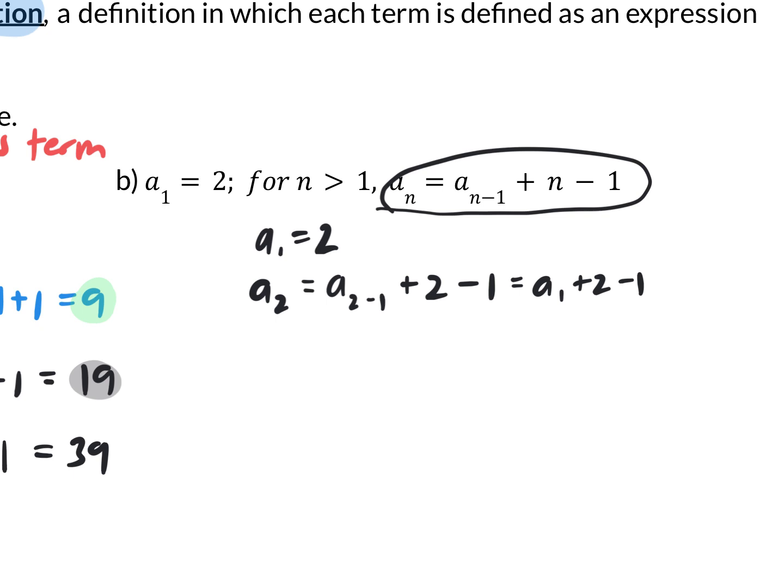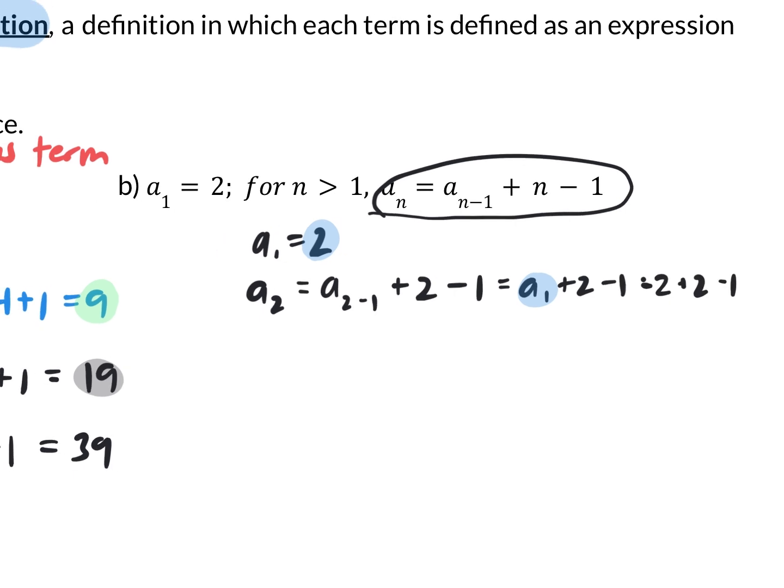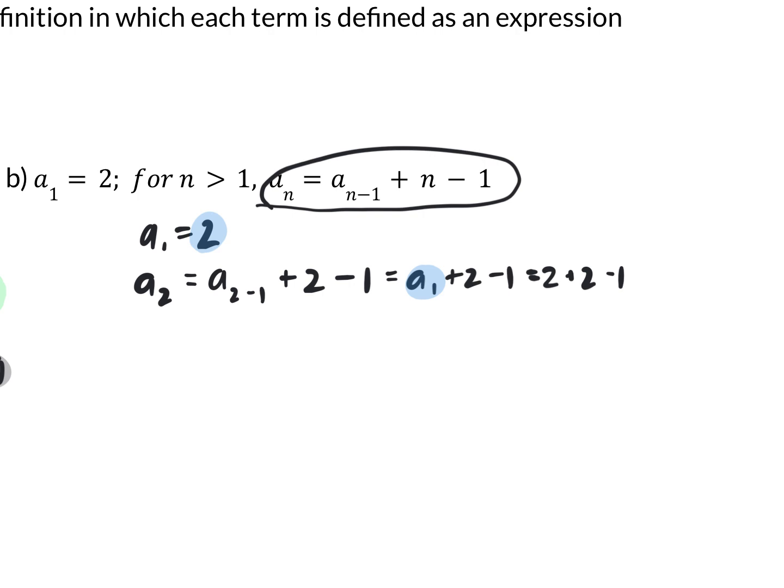And we know what a sub 1 equals, 2. So I can plug that in. So I get 2 plus 2 minus 1, which gives me 3, right?